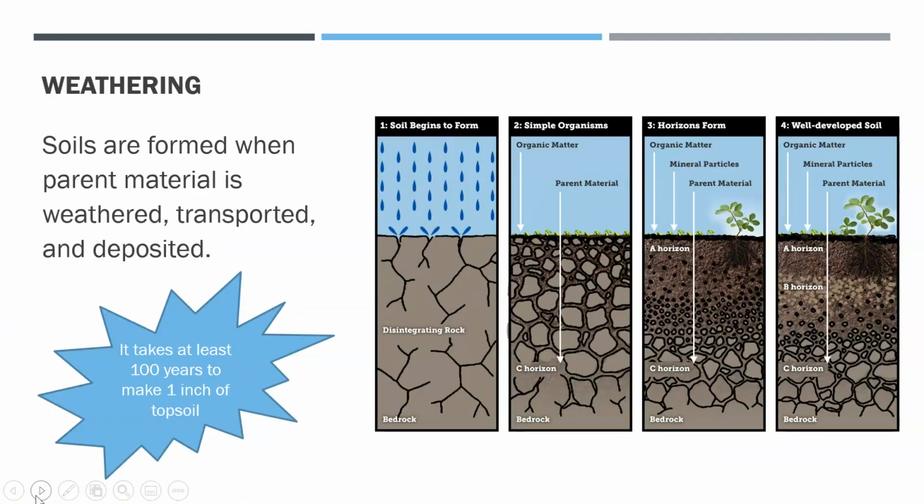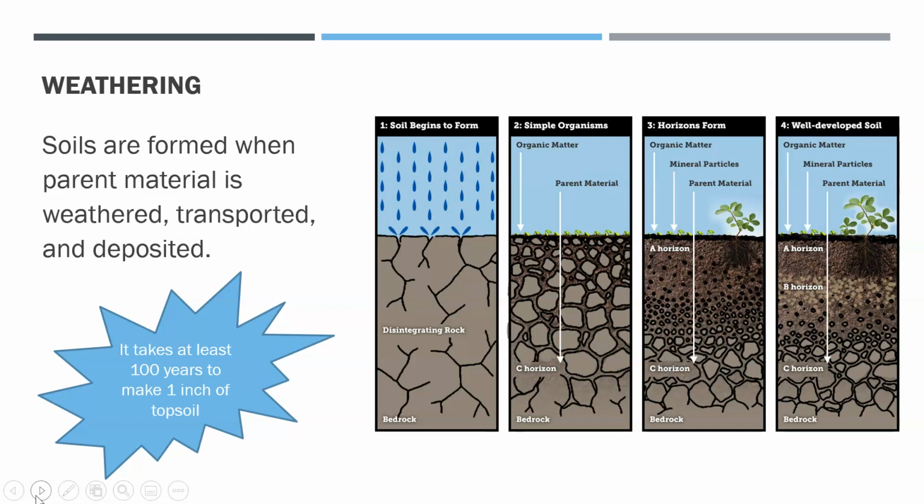So, where do the soils come from? Soils are formed when parent material is weathered, transported, and deposited. As we've learned from primary succession, we start with no soil, and soil begins to form over time when it's weathered by rain or chemically weathered by our pioneer organisms such as lichens and mosses.